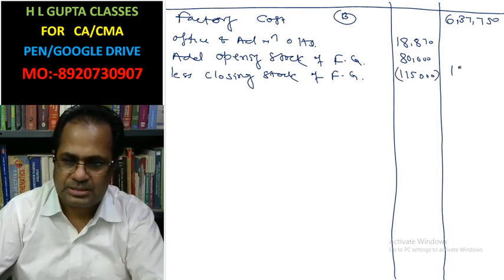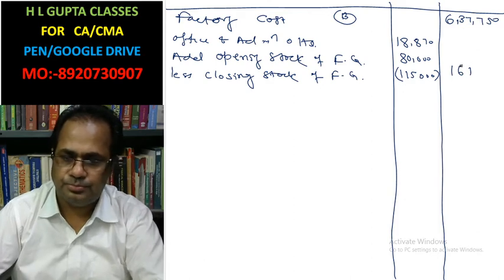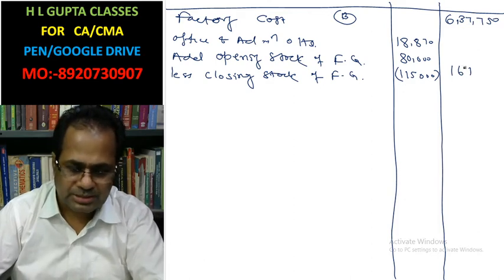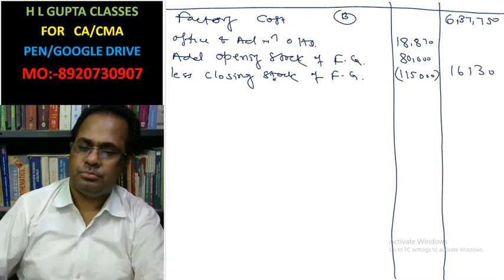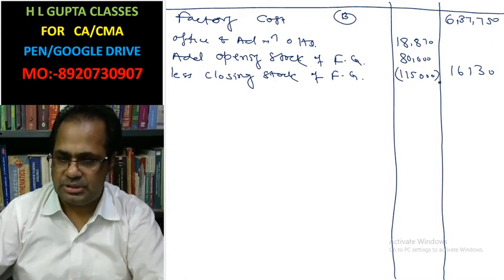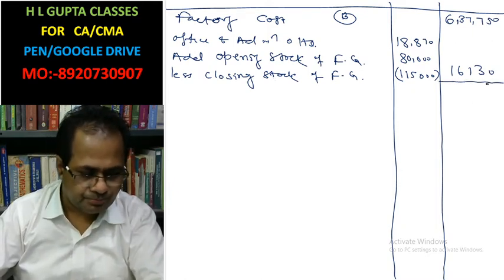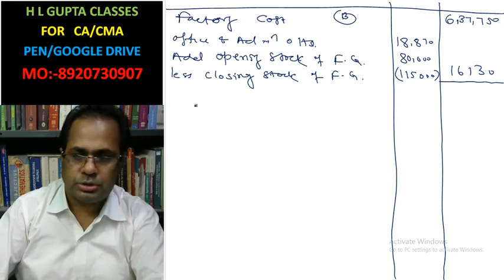Total 1,61,000. This is 16,130. This is cost of production.